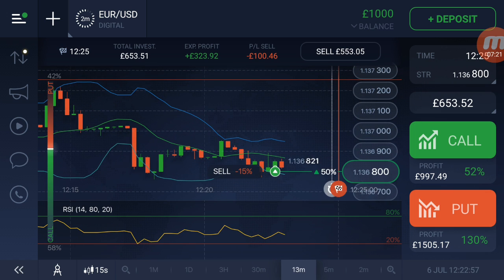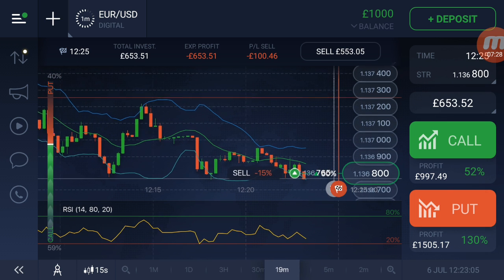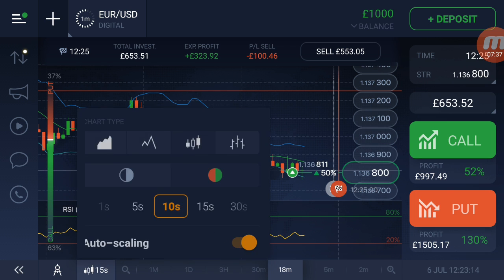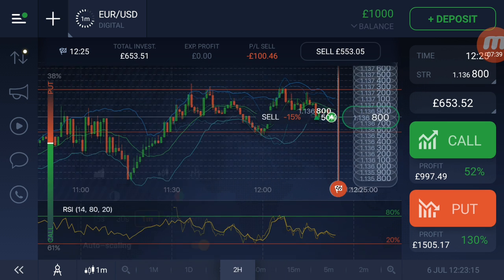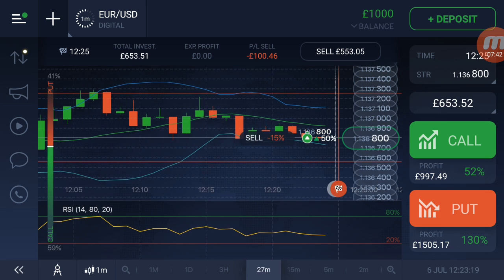I'm 100% sure that it's reverse. Very slow internet. Doesn't help. But this will reverse because the candlesticks are weak on the 1 minute chart. It's at a support area. So it will reverse.